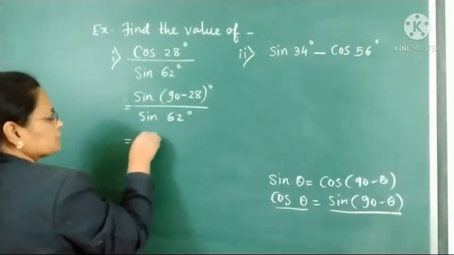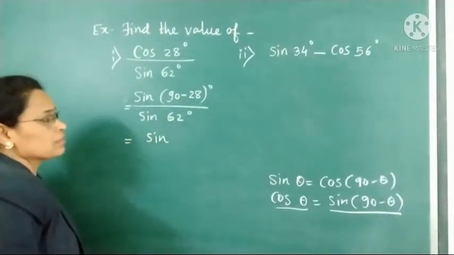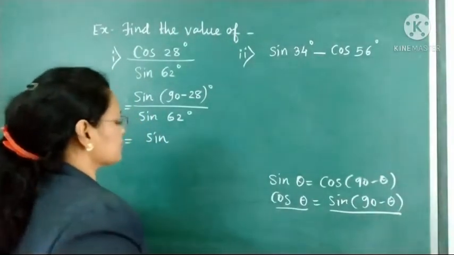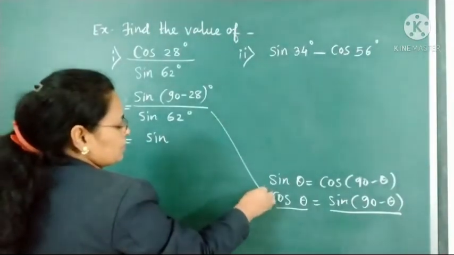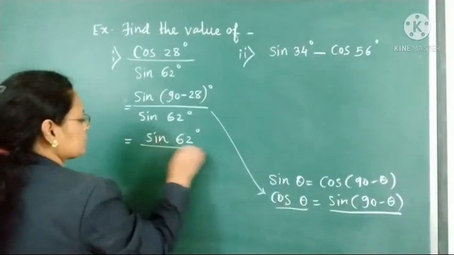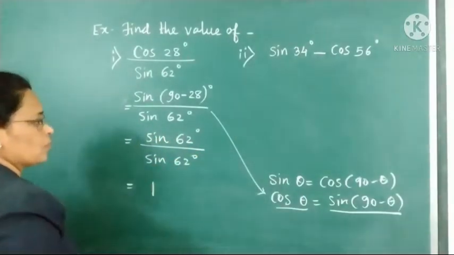Which relation have we used here? That is cos theta is equal to sin 90 minus theta. This you can give as a reason. So this will be sin 62 degree upon sin 62 degree and that is equal to 1.